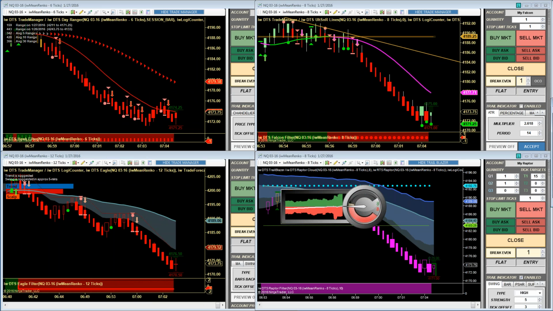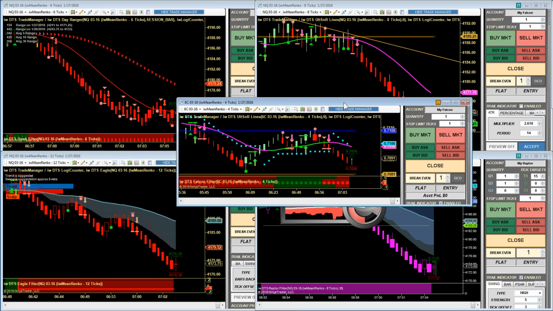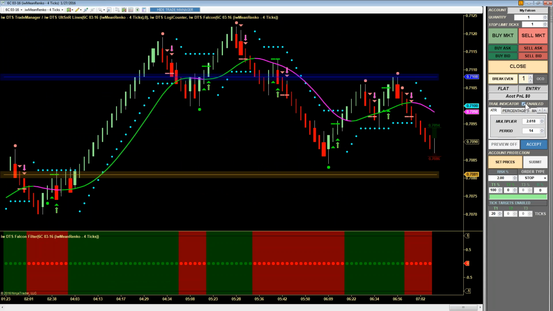So here now is the Falcon swing trader, and it too is trying to work on a trend change signal to the downside. It's not complete yet. We did get a trend change signal back here. Currencies open early, don't they? Yes, they do.